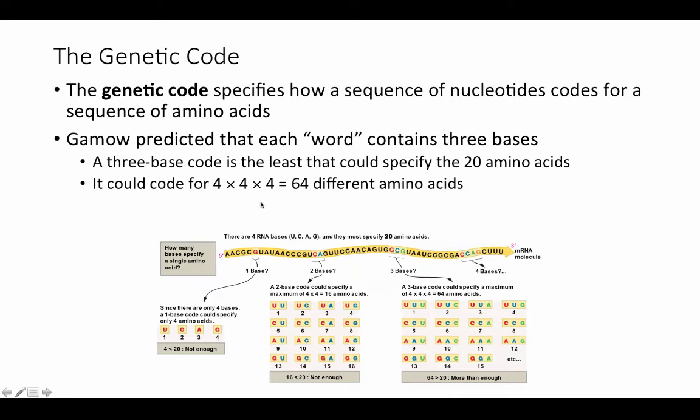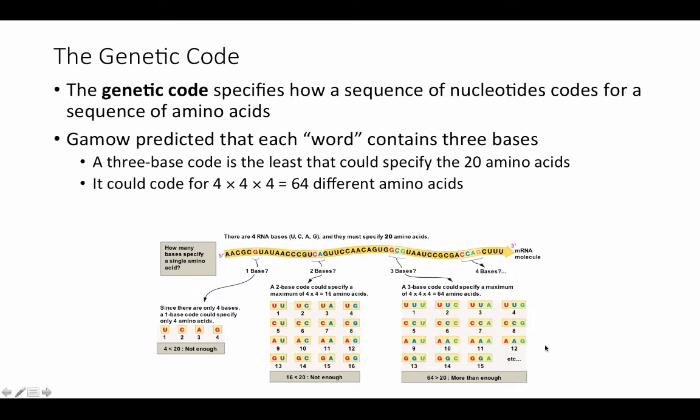We know that there are only 20, but if you have a code with just 1 nucleotide, that only gives you 4 different possible words, or amino acids that you could code for, not enough. If it were just 2 bases, a 2-base code could specify a maximum of 4 times 4 equals 16 amino acids. We know we have 20, so we have to have more than that.